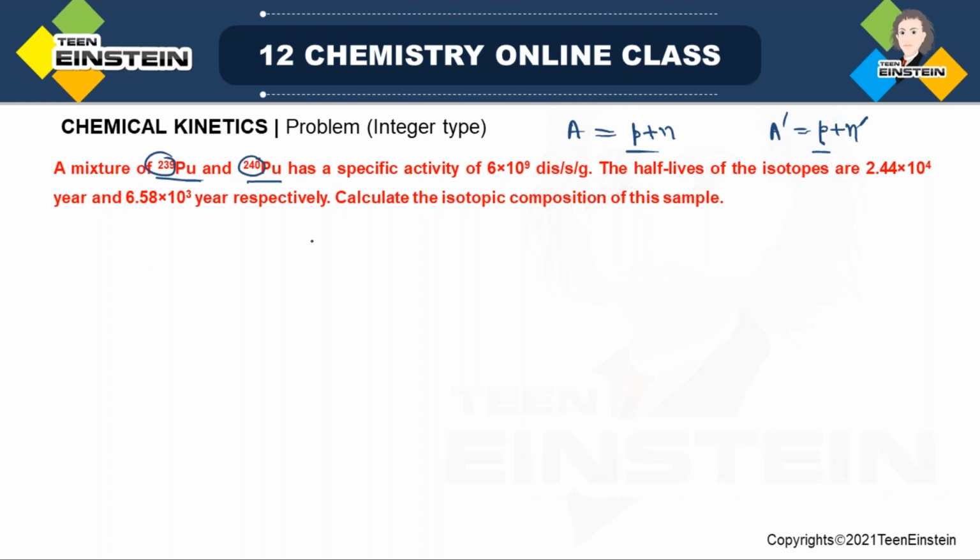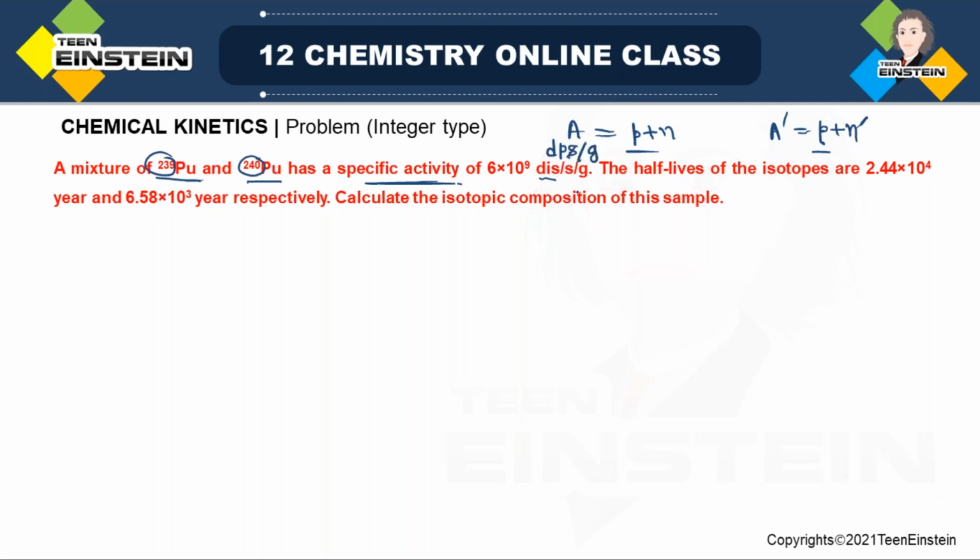Now these two isotopes of Pu have a specific activity. Remember, we have already discussed the definition of specific activity. It is given, and look at the unit: disintegration per second per gram, because specific activity is per unit quantity, that is why per gram. Per second is nothing but dps, so you can also write it as dps per gram.